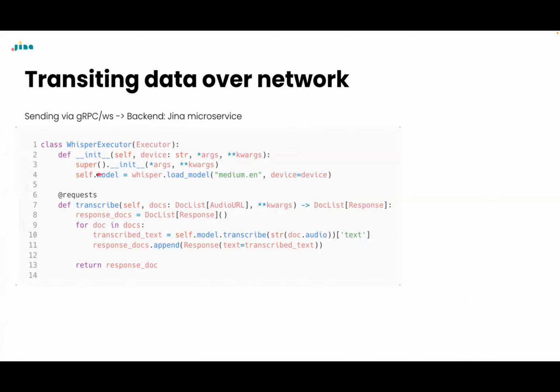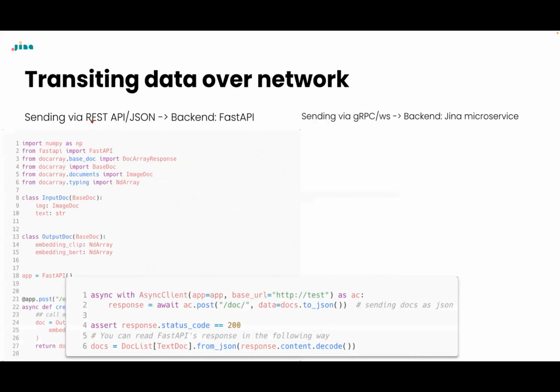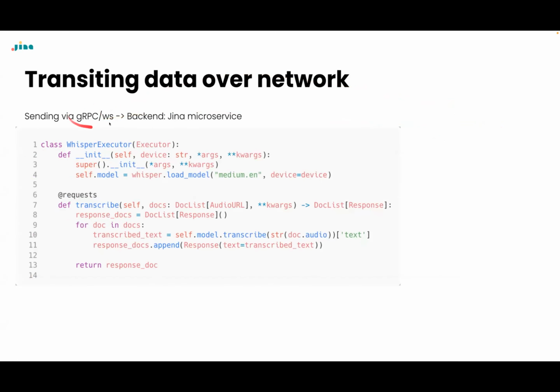So another way, if you work with microservices, you probably want to use Jina as a backend, right? Jina is another open source project from our company, and it supports gRPC and WebSocket as communication protocols. So here you can also just define these docs as a DocList that follows the schema, and then you can directly work with your magical machine learning algorithm, and return this as a DocList response.